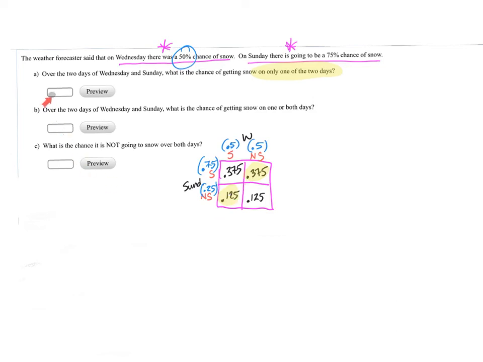Your question will be a little different. So for me, it's 0.5. I could also type in the fraction 1/2, or I could type in 50%. All 3 of those should work. Next, if I'm going to look at Sunday and Wednesday and the chance of getting snow on one or both days, well, then I'm thinking about one additional box. I'm thinking about this box right here in the top left corner. That's on both days.